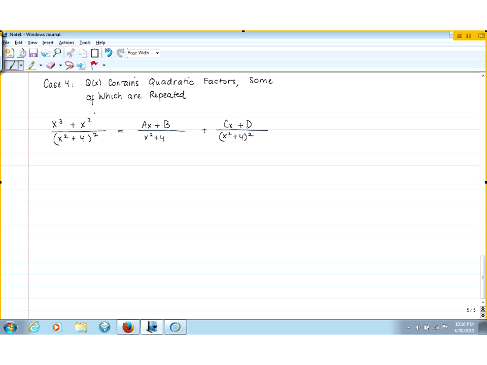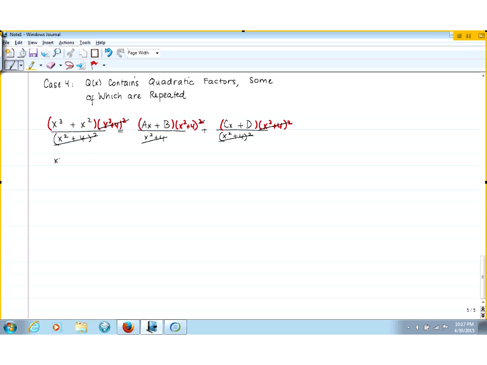Now let's get rid of the fraction. So multiply by the LCD, which is x squared plus 4 squared. And then here we have x squared plus 4 squared, and here we have x squared plus 4 squared. Let's cross out something. Oops, actually I was wrong. On this one, I'm only crossing out one term, because you have x squared plus 4.